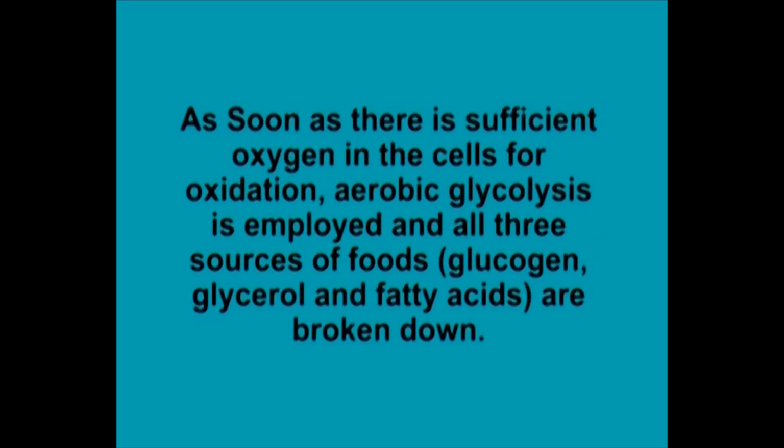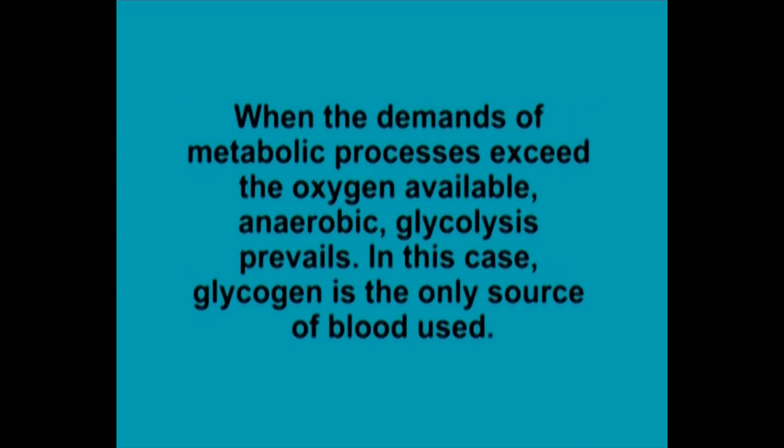As soon as there is sufficient oxygen in the cells for oxidation, aerobic glycolysis is employed and all three sources of food, that is glycogen, glycerol and fatty acids, are broken down. When the demand of metabolic processes exceeds the oxygen available, anaerobic glycolysis prevails. In this case, glycogen is the only source of food used.